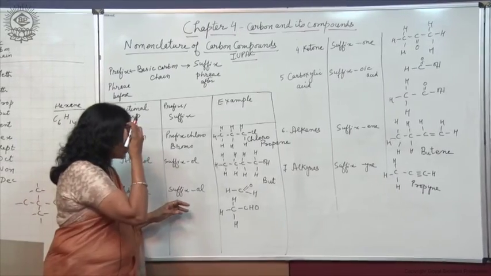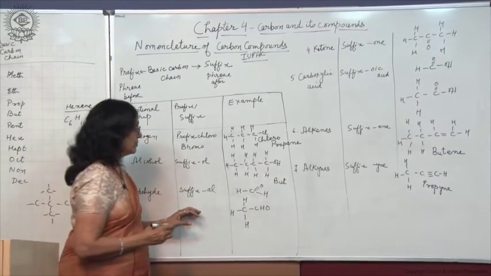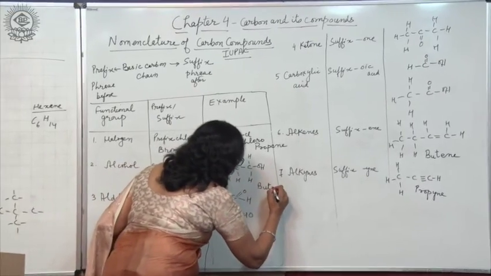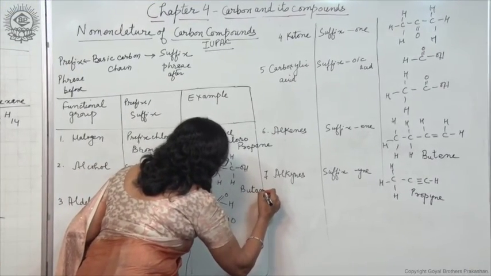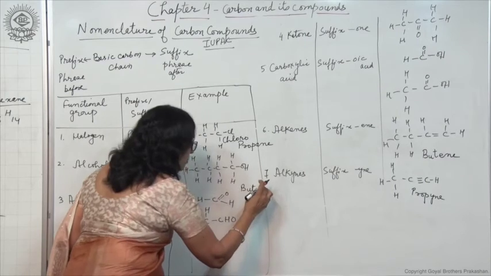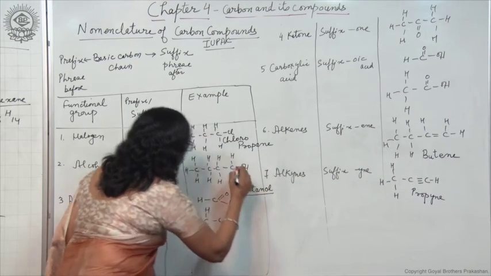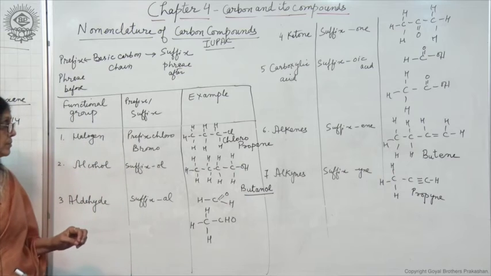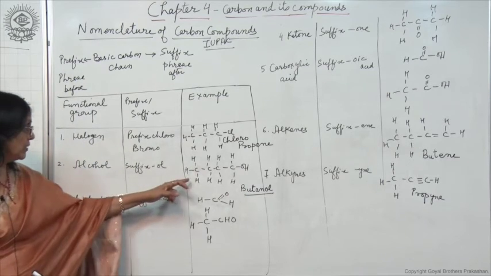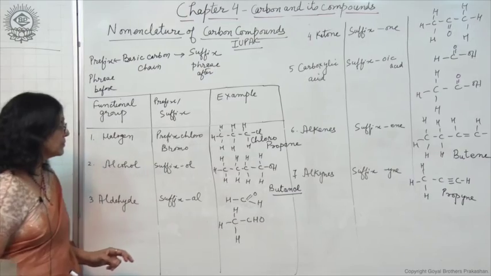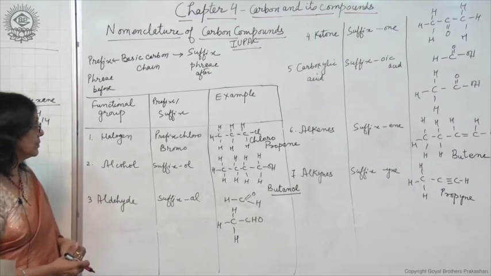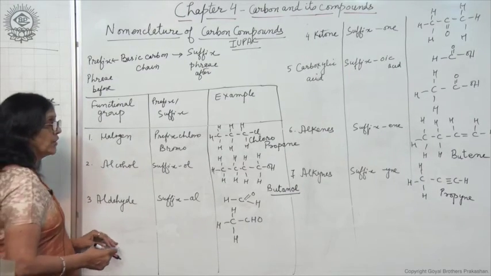Then all single covalent bonds, so it will be butane, but in place of the final "e" we will write "ol". So, it is butanol. The IUPAC name of this structure is butanol, C4H9OH.